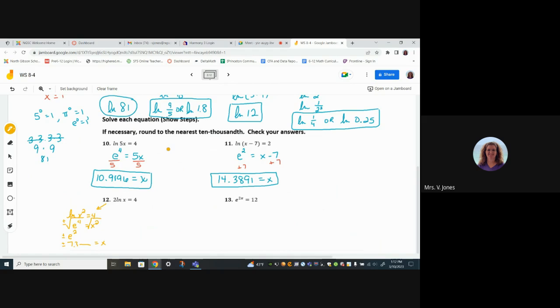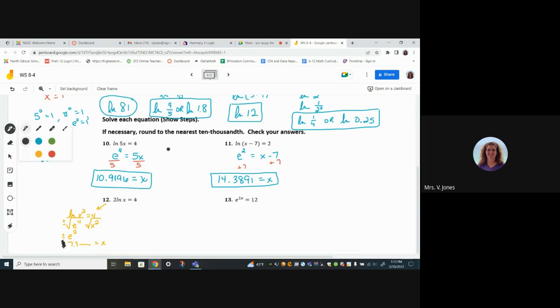But if you go back and check, you will remember that if you put a negative in right there, you cannot take the logarithm of any kind. You can't take the logarithm of a negative. You'll get an error. So this negative ends up being an extraneous solution that we don't even want. So it ends up just being a positive 7.3 and stuff.